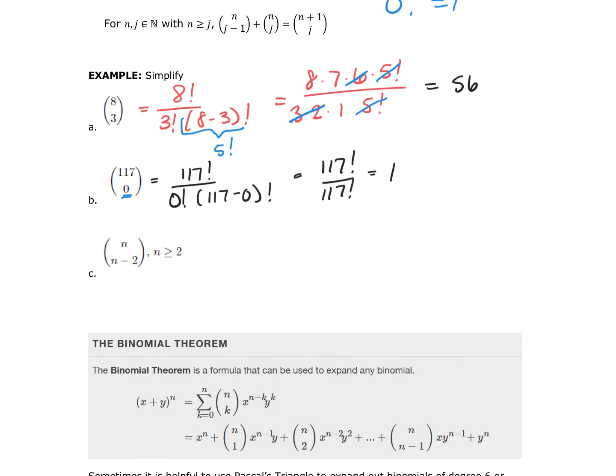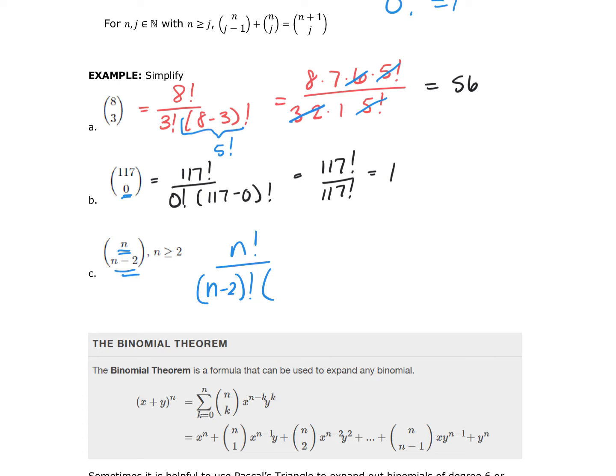Looking at my last example here, this is one in which I have no idea what my number n is. I just happen to know it's bigger than or equal to 2. So again, this number is in the top part of the parentheses, so it goes into our numerator, so n factorial. And then I'm going to have n minus 2 factorial, because this is the number in the bottom part of the parentheses, so we know that goes in the denominator.